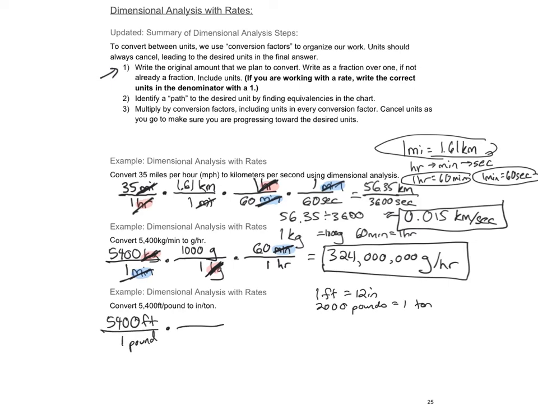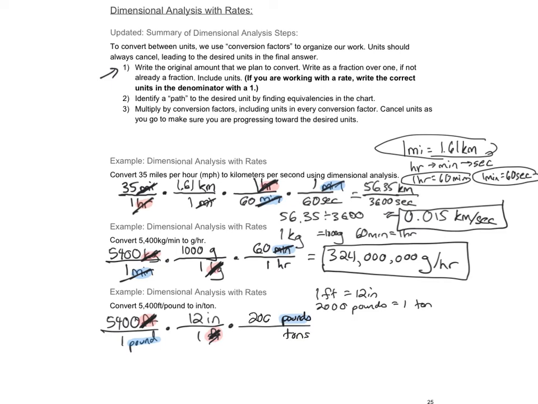And now we need feet to cancel with feet. So that means that this is going to have to be feet and this will have to be inches. There are 12 inches equal to 1 foot, and now my units cancel. For my next step, I need pounds to cancel with pounds. So therefore, pounds has to go in the numerator here, and ton has to go in the denominator.